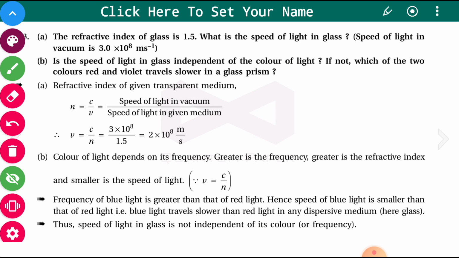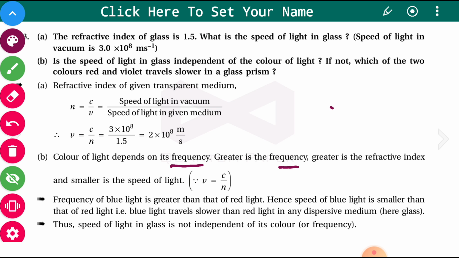Okay. Second question: is the speed of light in glass independent of the color of light? If not, which of the two colors, red and violet, travels slower in the glass prism? Now see, the color of light depends on the frequency. So frequency is different for different color light.